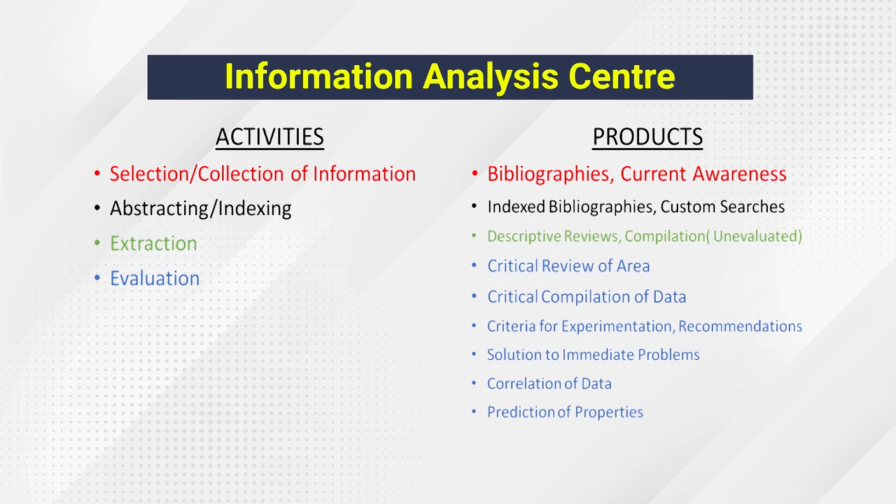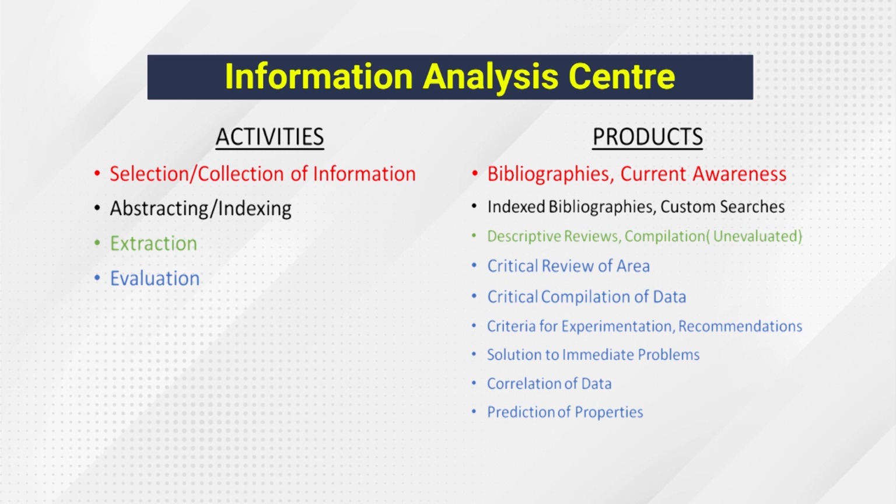As the term itself says, it is selected, and out of that, the products created are bibliographies and current awareness products. A bibliography may not always be current, it could be retrospective also, but you could prepare a bibliography keeping in view the current information needs of your users. So this activity results in these products.